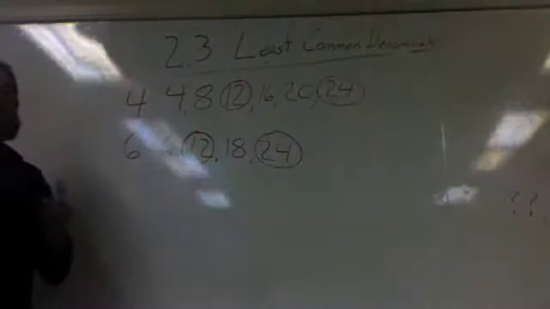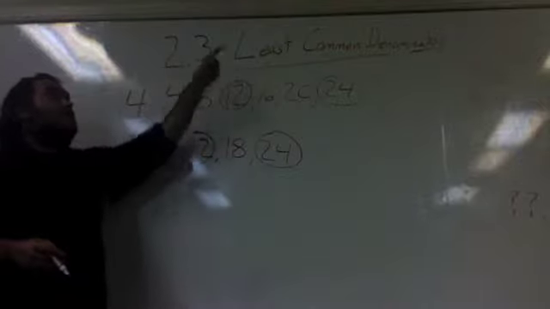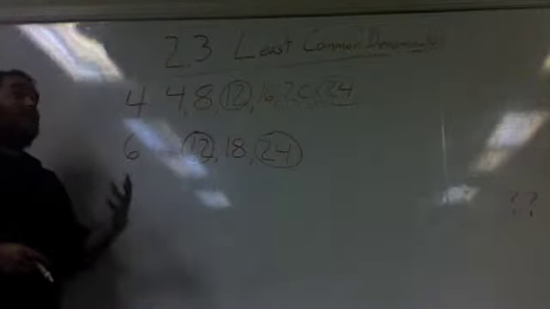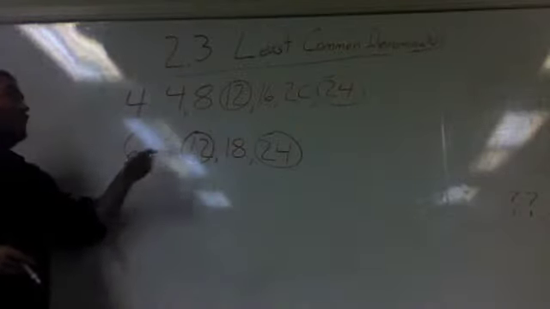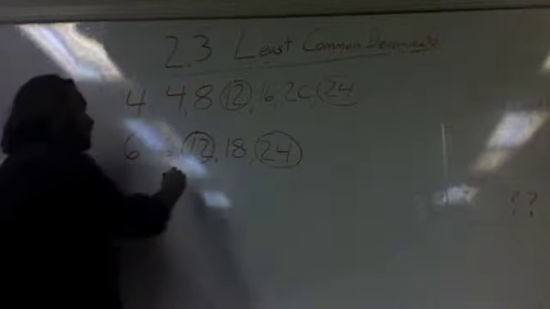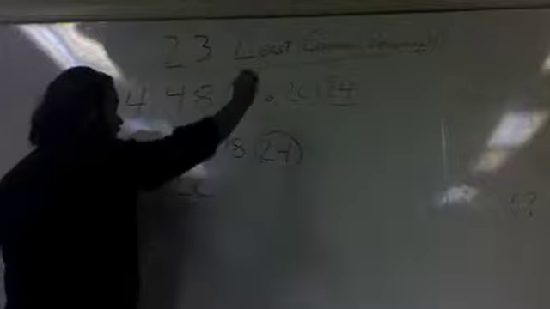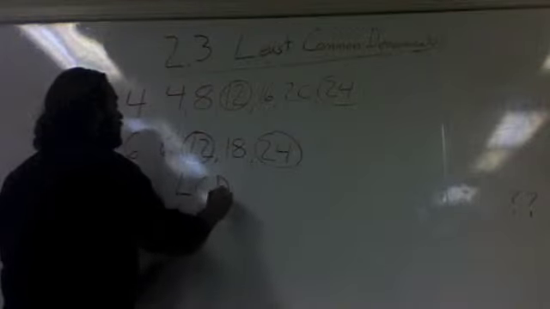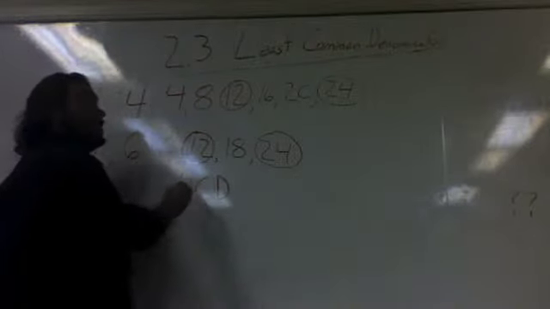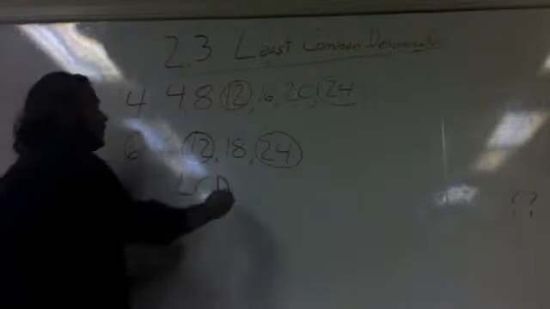However, like I said, we're only interested in the least common denominator, or the least common multiple. So that would be 12. So we say the LCM, or we're going to be talking about least common denominators, so LCD, is 12.